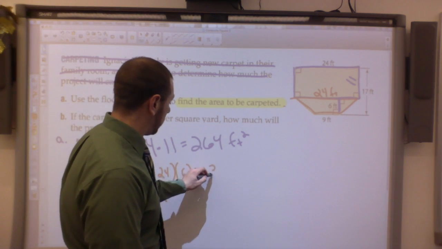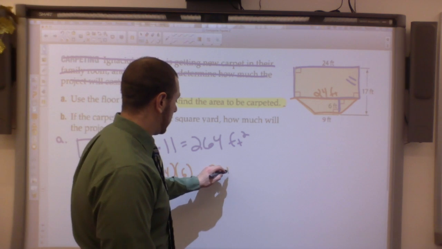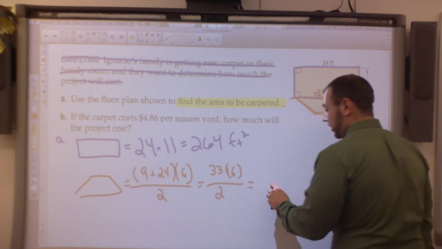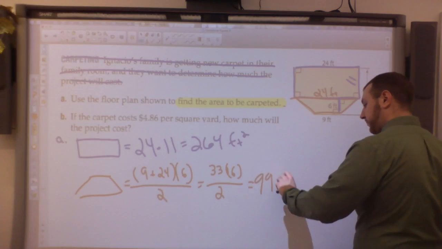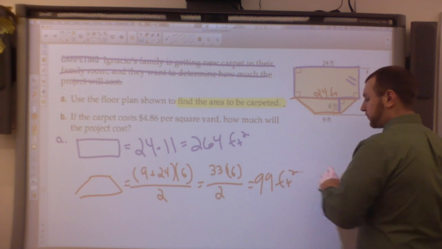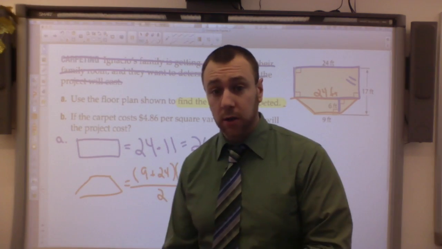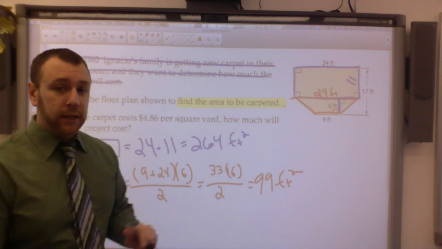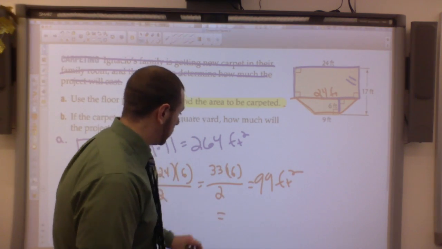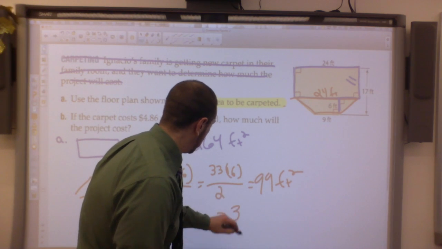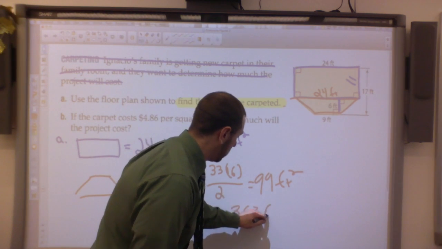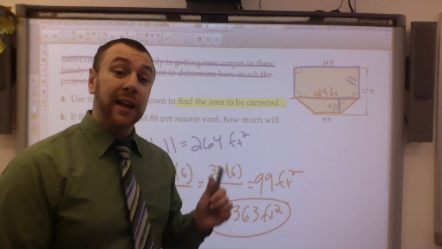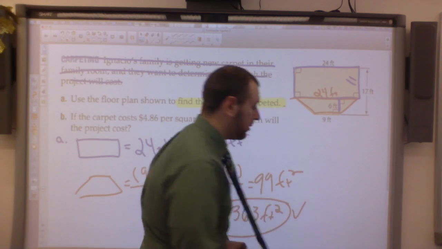So it's 33 times 6 divided by 2. I should get a grand total of 99 feet squared. So my total for this is 264 plus 99, which is a grand total of 363 feet squared. So that's my total area. That's part A. Check.